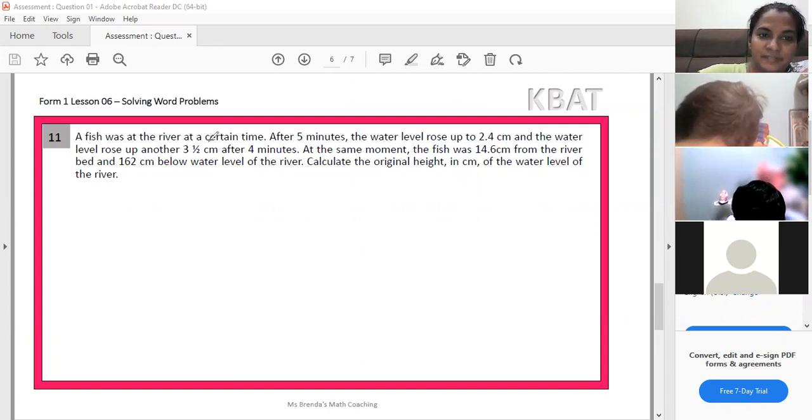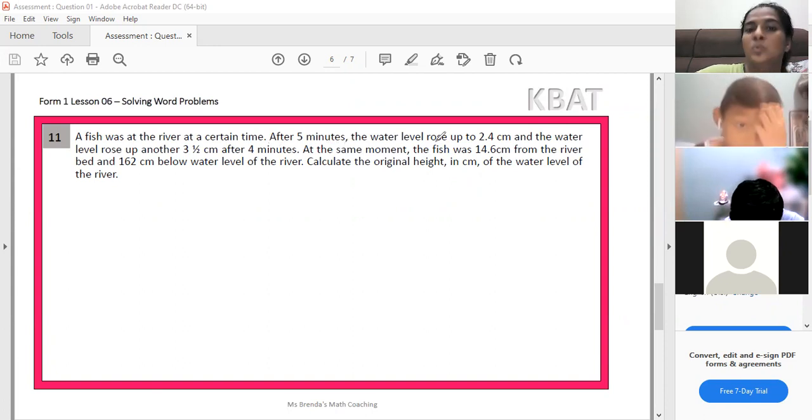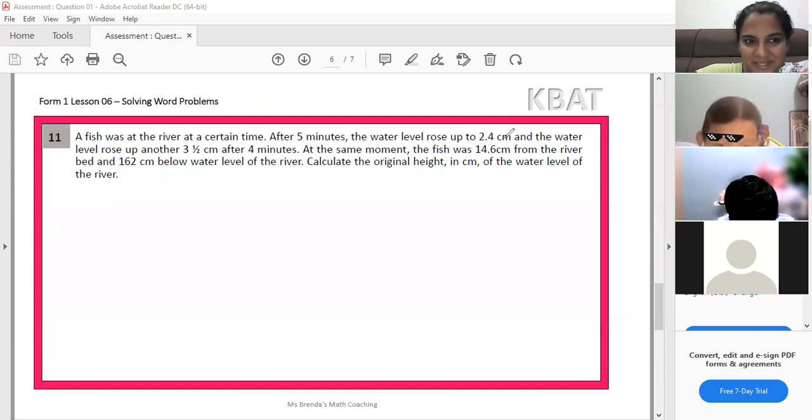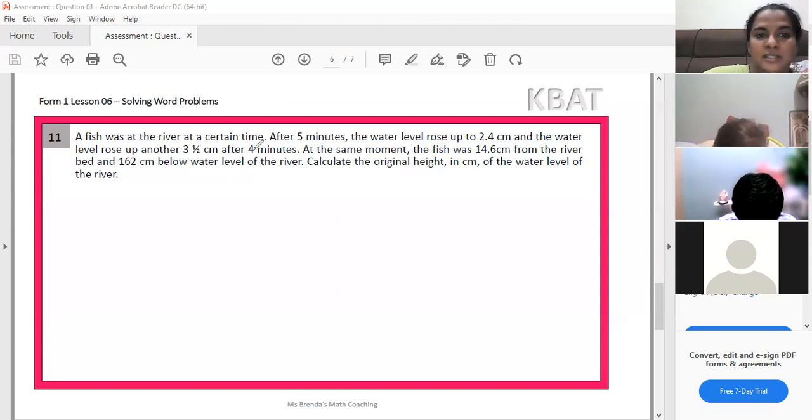A fish was at a river at a certain time. After 5 minutes, the water level rose up to 2.4 centimeters. And the water level rose up another 3.5 centimeters after 4 minutes.